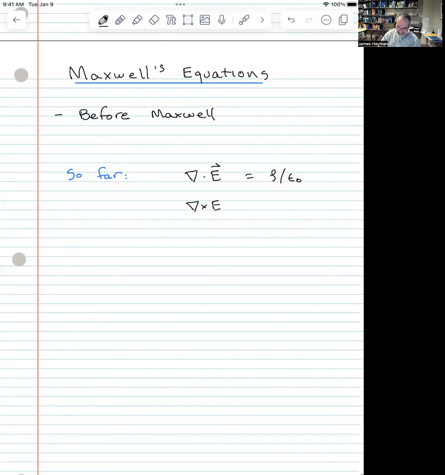In electrostatics, it was 0, but now we know that this is equal to minus the rate of change of the magnetic field, okay? Similarly, we know that the divergence of the magnetic field is 0. And we have the last equation, Ampere's law, which tells me that the curl of the magnetic field is equal to mu naught times the current density.